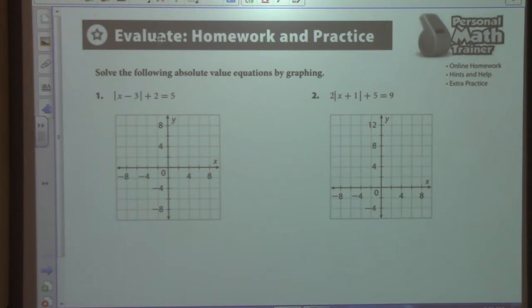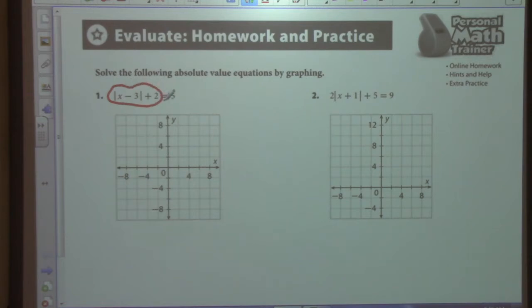Just for remembrance of what's going on here, what is the way we talked about solving yesterday? You remember how we did that? We considered the two sides of the equation separately.